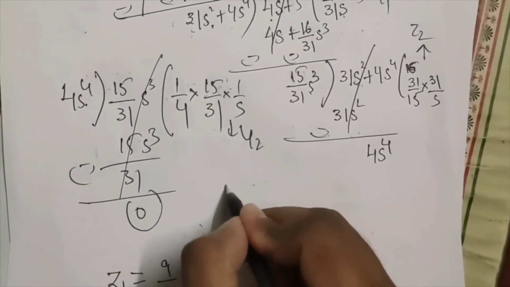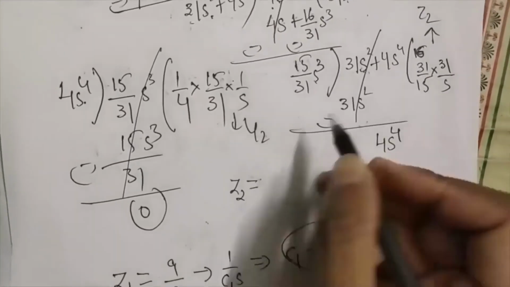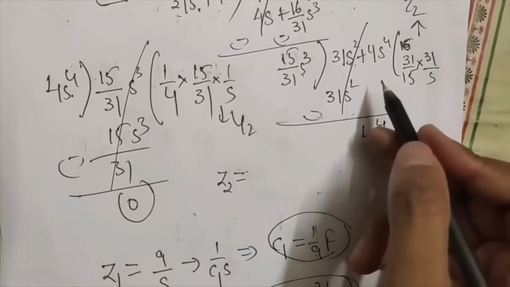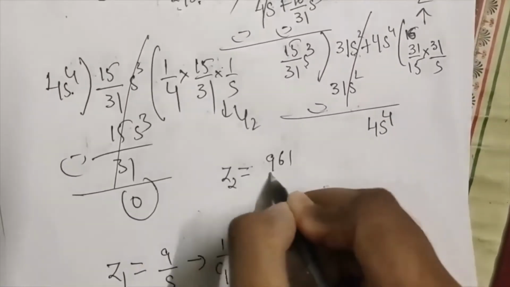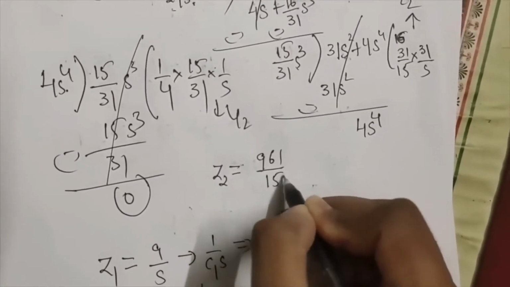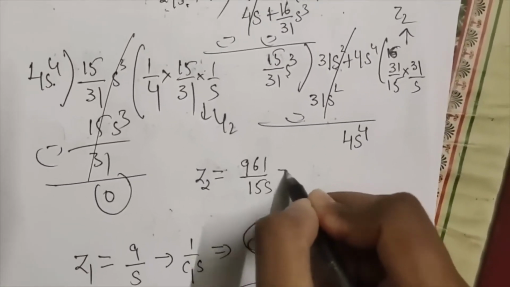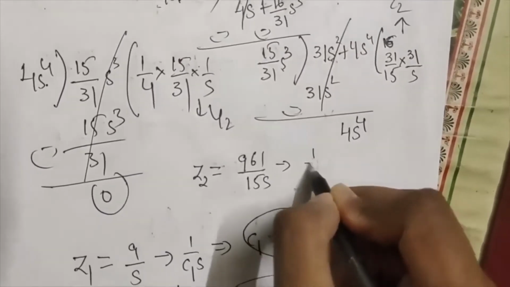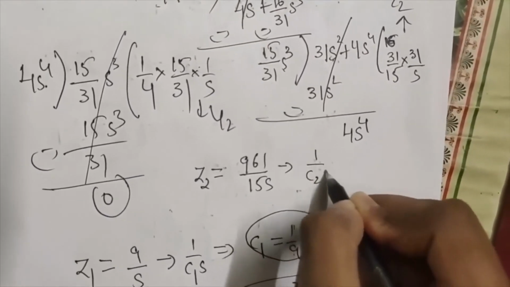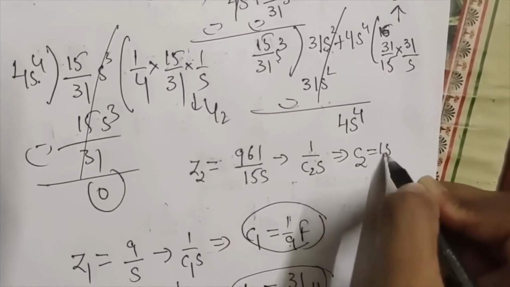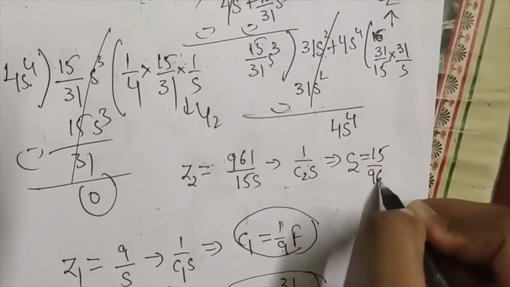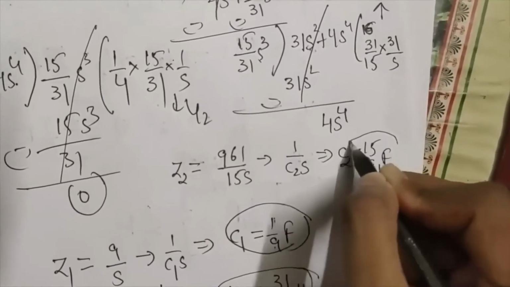Similarly, Z2 is 31 into 31, that is 961. So 961 by 15S is in the form of 1 by C2S. So C2 value is 15 by 961 farads.